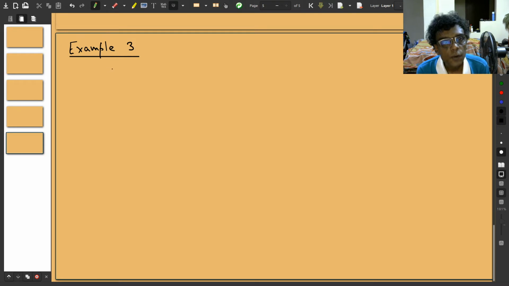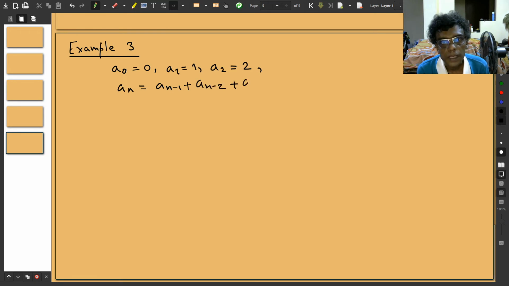So like Fibonacci numbers, let me define another sequence. A0 is 0, A1 is 1, and let's say A2 is 2. Subsequently, I define A n as A n minus 1 plus A n minus 2 plus A n minus 3, the sum of the previous 3 terms in the sequence, and this is defined for all n greater than or equal to 3.